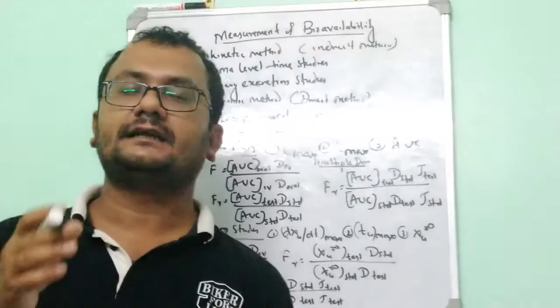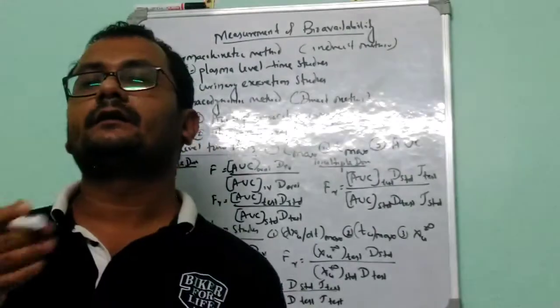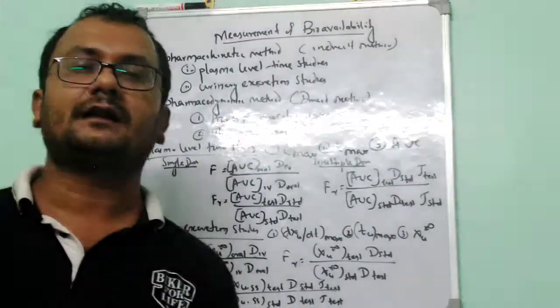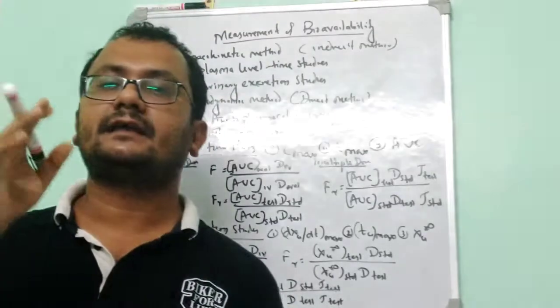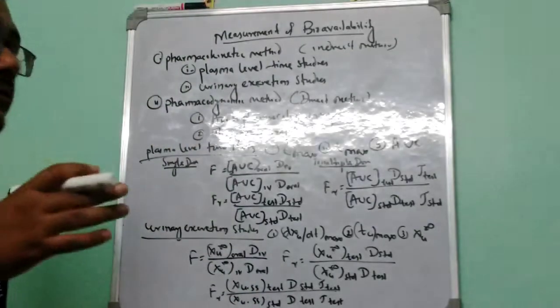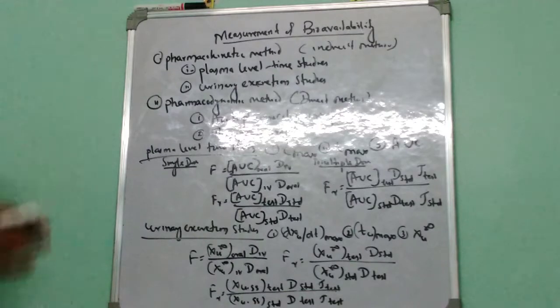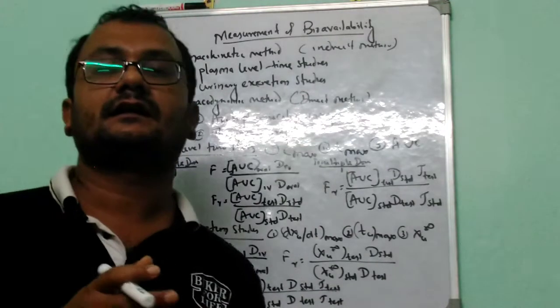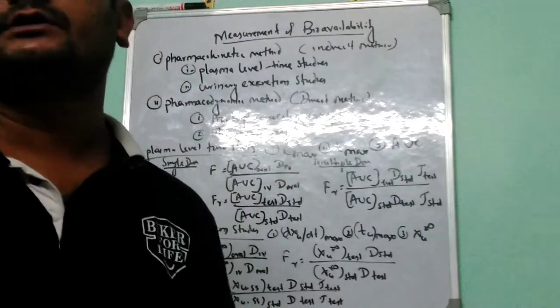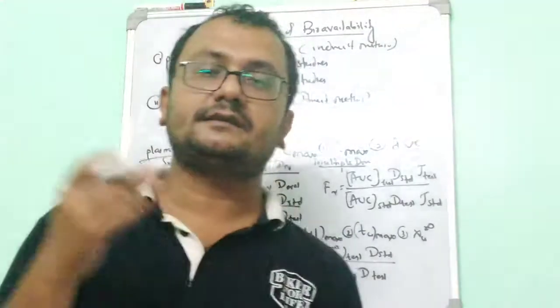If we are taking a single dose, we need to take samples at different sampling intervals. If you are taking a multiple dose study, you have to take different dosing parameters. Generally, it is performed in single dose studies. If you are going for a single dose, it is preferable because after taking a single dose, the bioavailability study is easier.